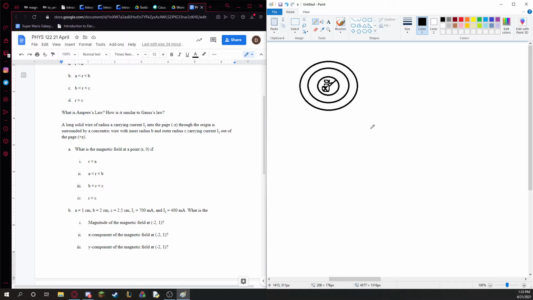So how would we find our magnetic field at each point as we go out, let's say just along the x-axis, to keep it simple. Let's actually say that I2 is half of I1.